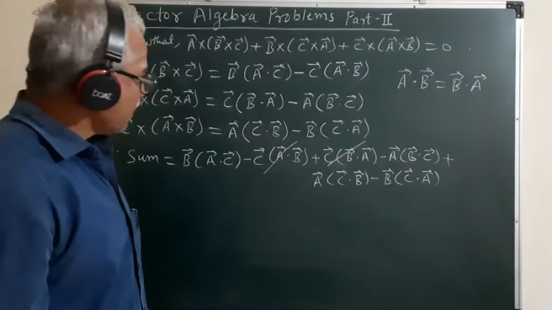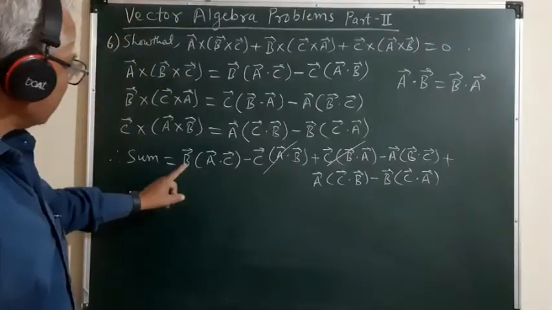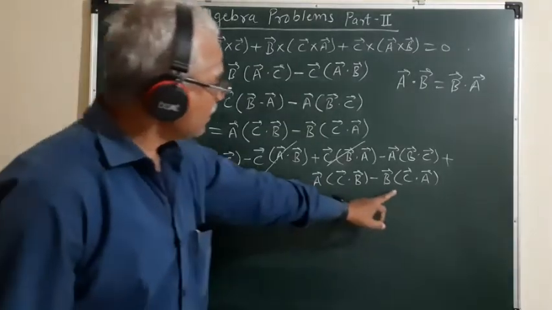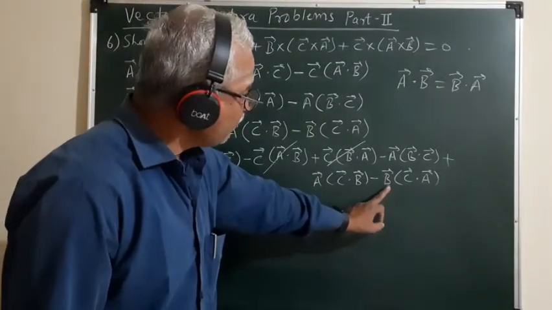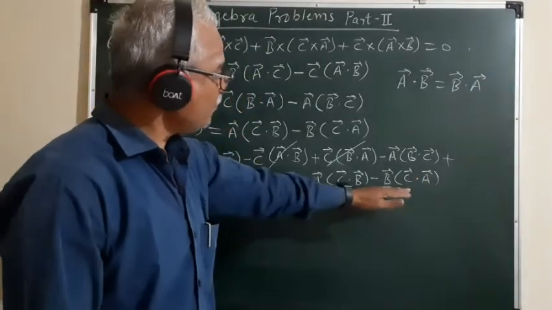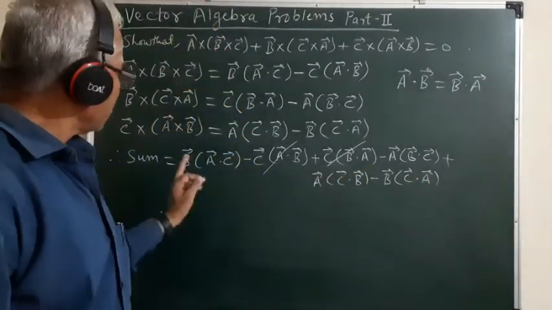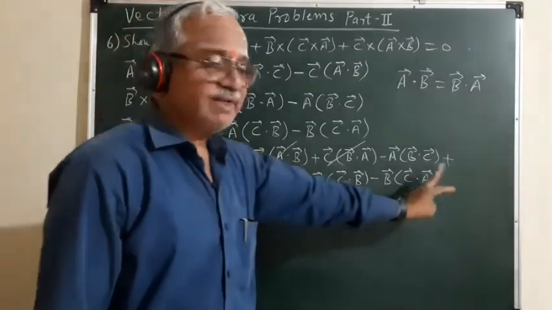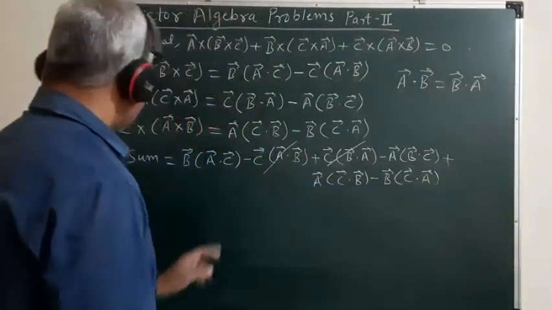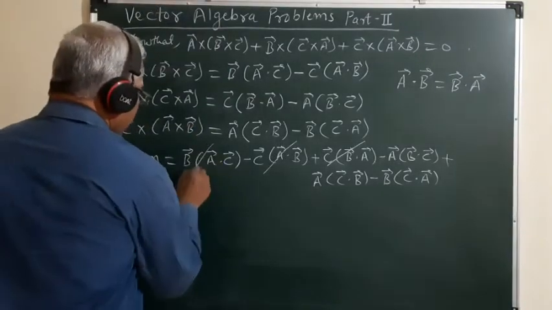Then again, here we have the second term, b bar into a bar dot c bar, plus the term minus b bar into c bar dot a bar. Again, if we use this property that a bar dot c bar is equal to c bar dot a bar, this term and this term will again get cancelled.